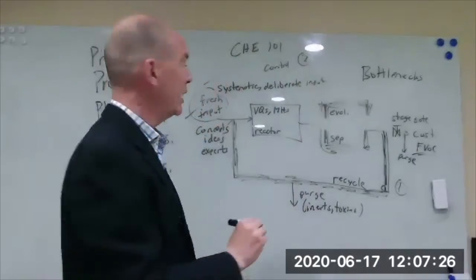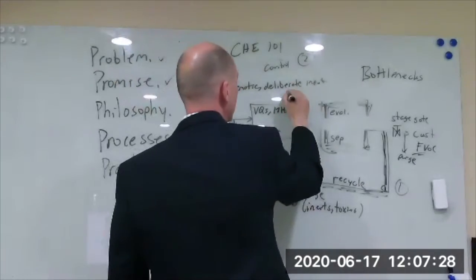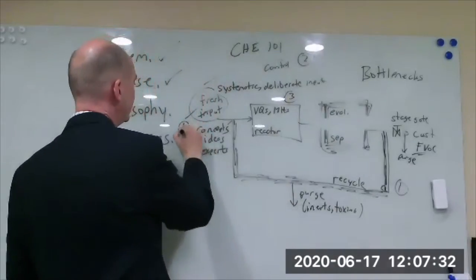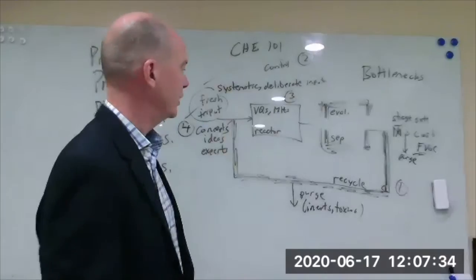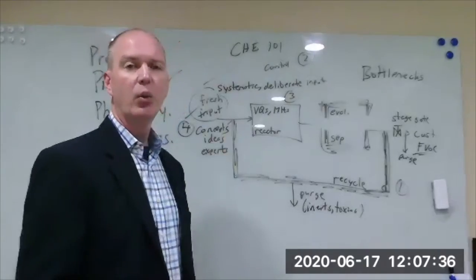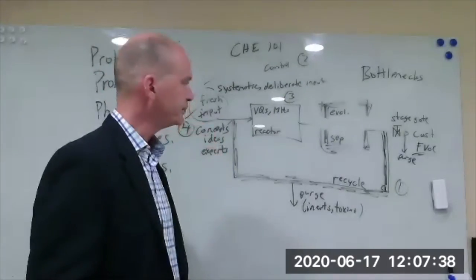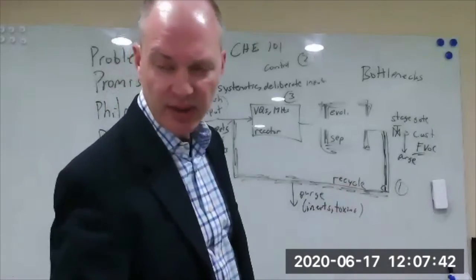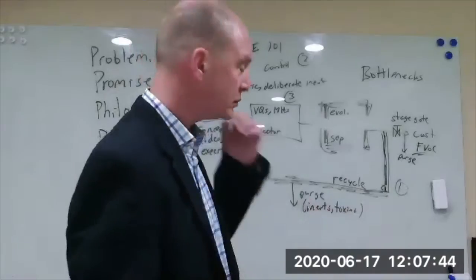I want to focus on the valuable questions as three, and the deliberate input as four. There are many others that we could look at here, but those are the first that I want to look at. So the first is this stage gate one, which we've already discussed in some ways.